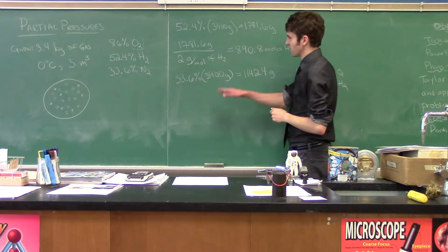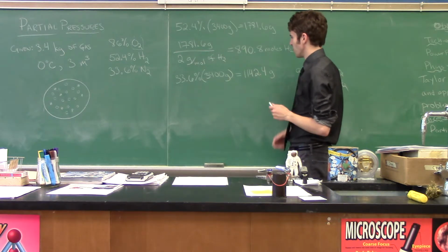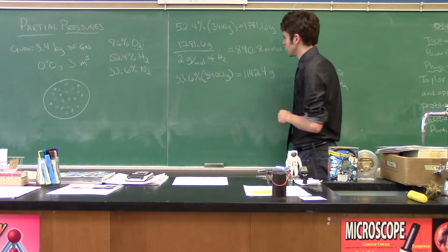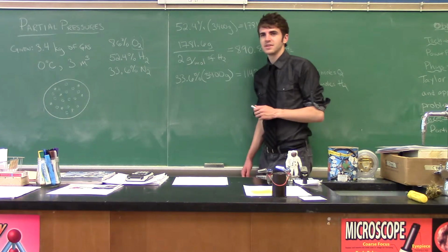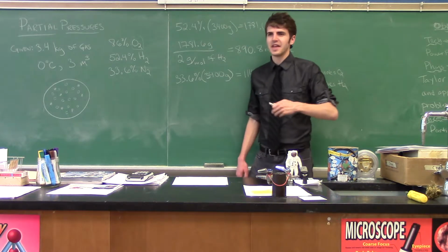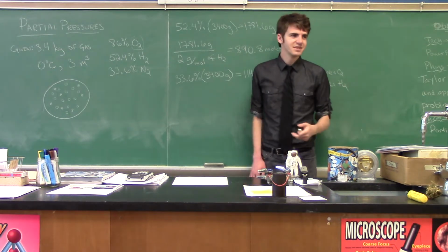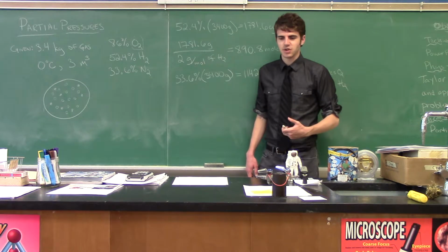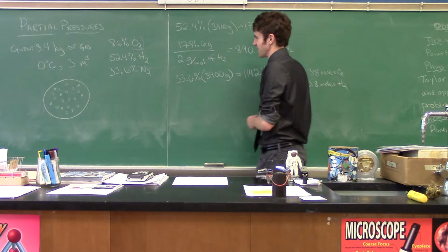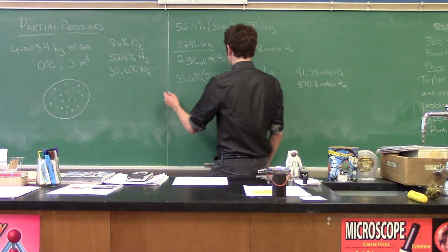Alright, so 33.6% of this total, 1,142.4 grams. Next step, 28 grams? Then you did that by just thinking. By thinking, that's a good place to start. Periodic table, yes.